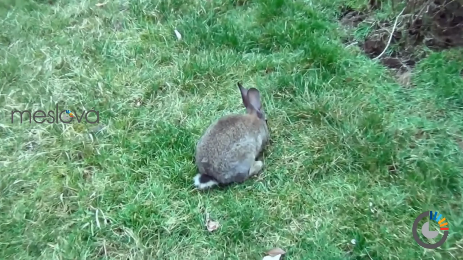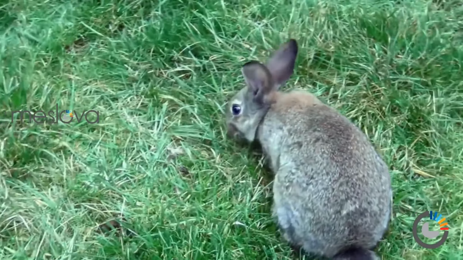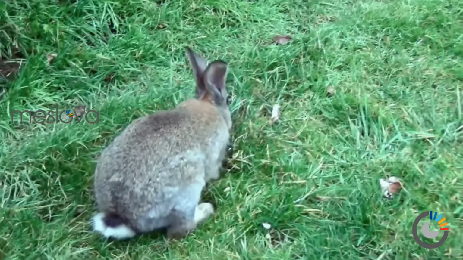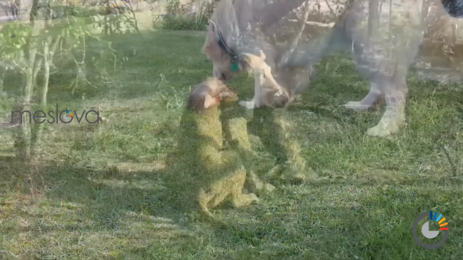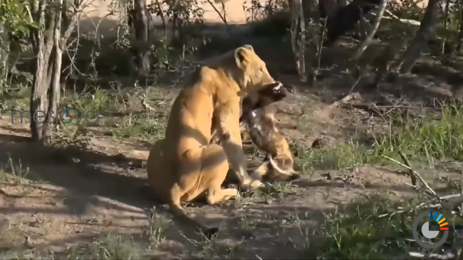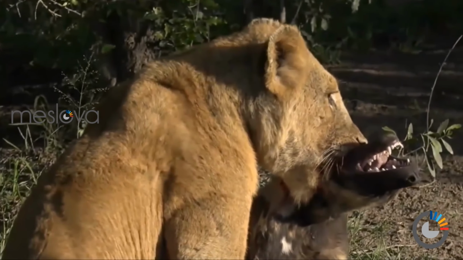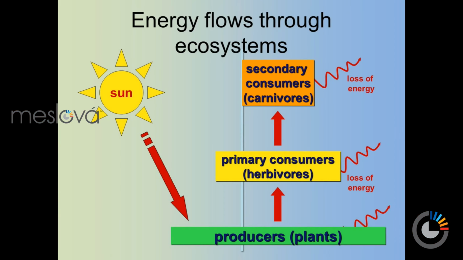For example, if you take a food chain in a forest ecosystem, if a rabbit feeds on a plant and that rabbit is hunted or eaten by a dog, or the dog is hunted or eaten by a lion, what happens at every level? Net primary production always comes from herbivores, and after eating it becomes a net secondary production at every level.